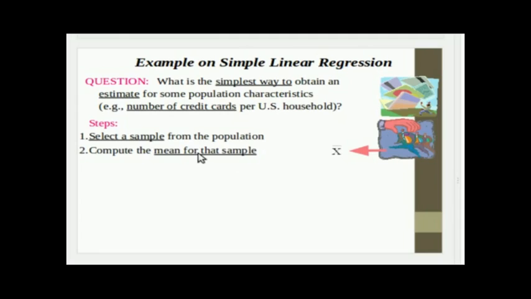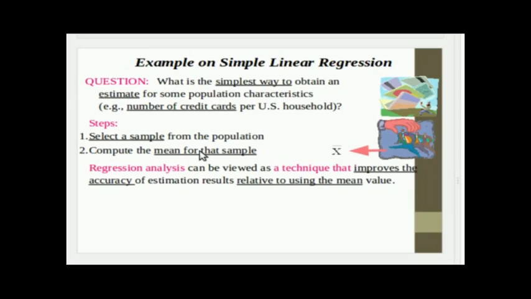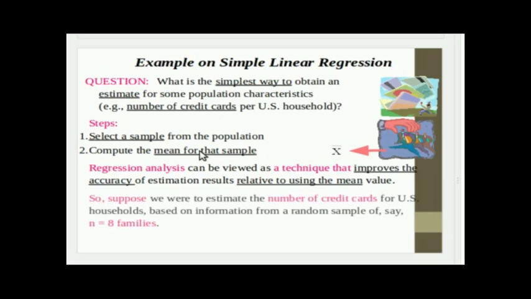Then we compute the average number of credit cards for the sample households. Then we compute regression analysis, which can be viewed as a technique that often significantly improves the accuracy of estimation results relative to using the mean value. Suppose we are estimating the number of credit cards for US households based on information from a random sample. Suppose n is equal to 8 families selected as the sample data set.